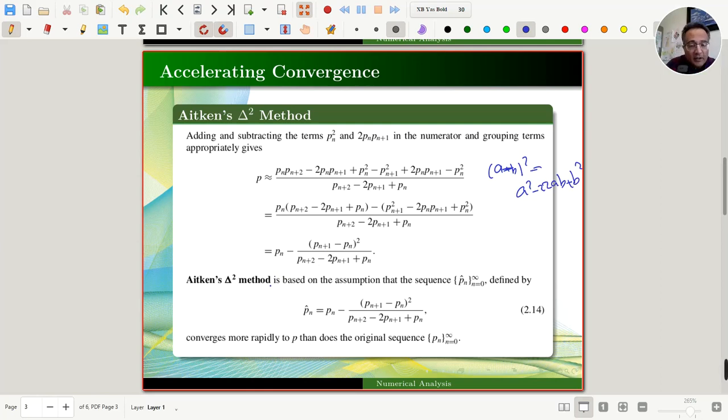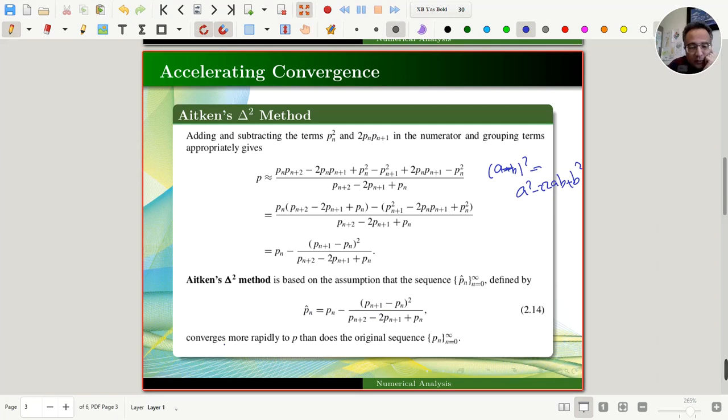Okay? This is called the delta squared Aitken's method. Okay? So if you construct a new sequence called Pn hat for n from 0 to infinity, you can define Pn hat in this form.